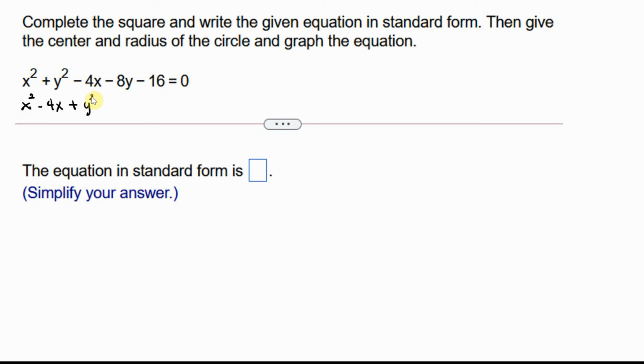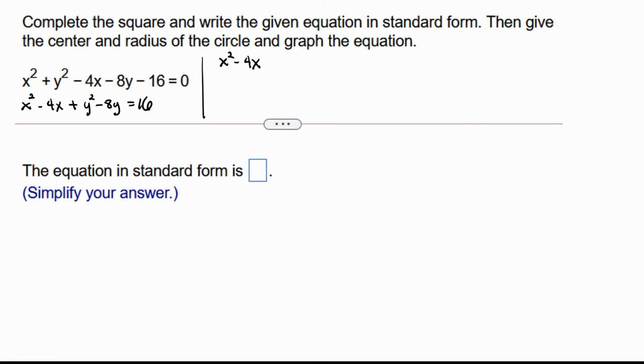So here are the basketball guys. So you get that minus 16. That's that c term. I'm just going to add it, get it to the other side. So this is equal to 16. So I have x squared minus 4x. I'm going to start there.